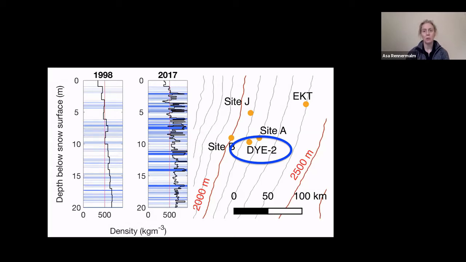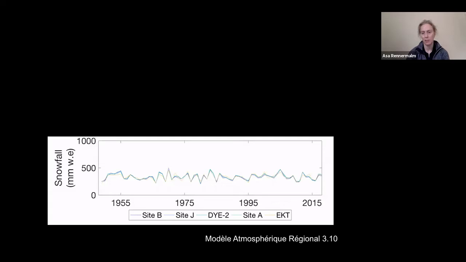And this too fits with the model simulations. This is a reanalysis model that simulates surface mass balance. So here again is snowfall at the 5 sites, now shown as a time series. Each line represents one of these sites. Of course, you cannot distinguish the lines from each other because they're all pretty much the same, and so they have the same variability.